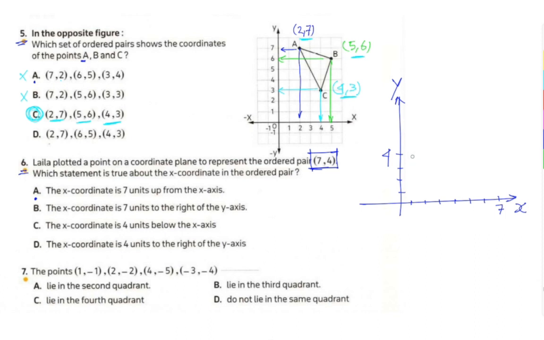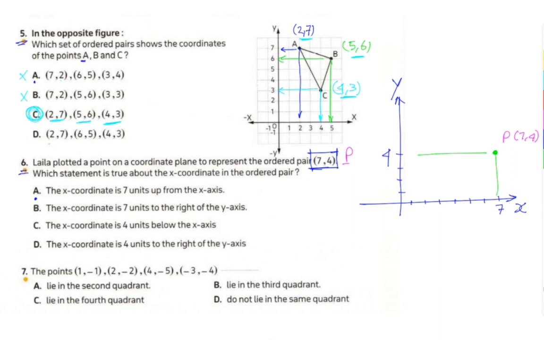So our point is here. Let's call this point B, the point (7, 4). Okay.